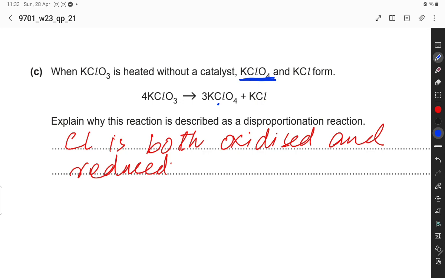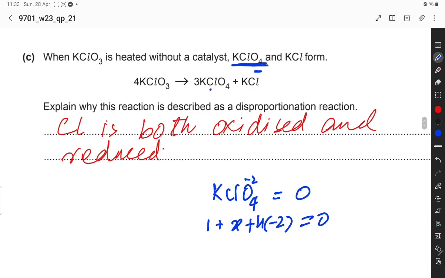In KClO3, chlorine is both oxidized and reduced. In KCl chlorine is -1, and for KClO4: potassium 1 plus X plus 4 times minus 2 is equal to 0.